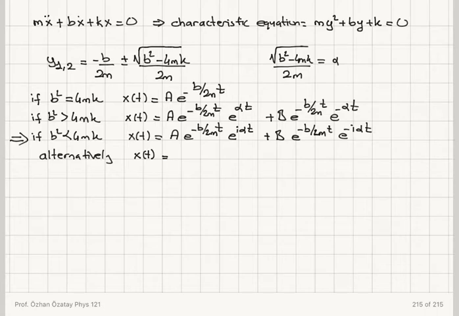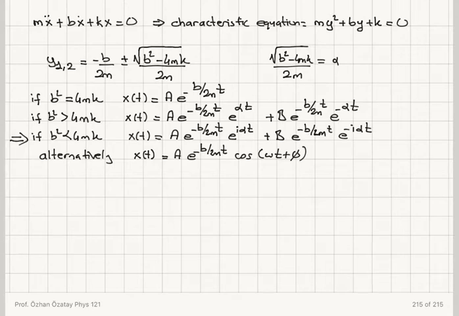This will be a e to the minus b over 2m t cosine of omega t plus phi in this form, which is my ansatz to solve this equation if you don't know how to solve differential equations.